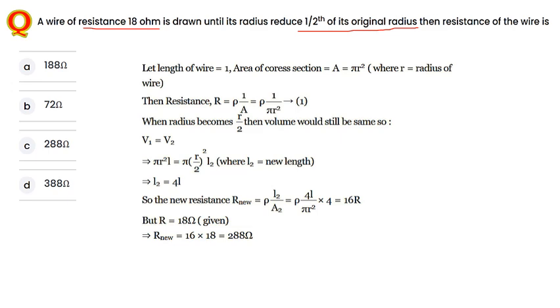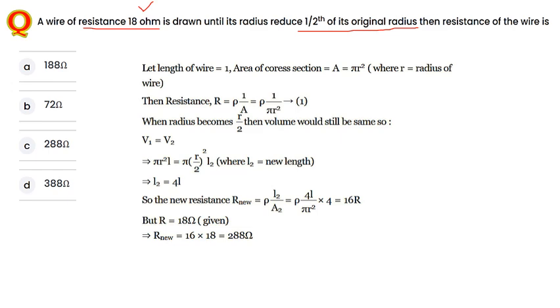So volume remains constant. Then the resistance of the new wire. Once you expand the length and reduce the radius, compulsorily resistance will increase. So one important clue from here is resistance will not be less than 18. You just remember this one. At the same time, they have given all the options which are greater than 18. Now, have an idea of this.